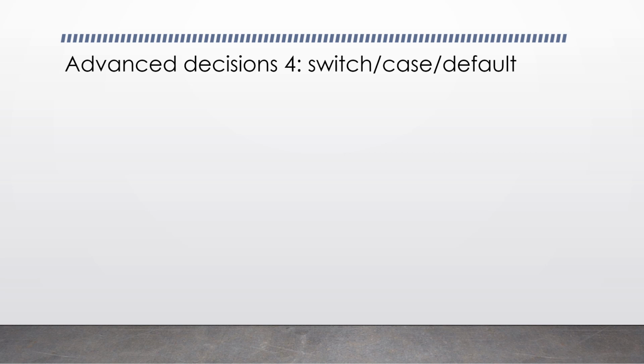Okay? And the way a switch statement works is you say switch, and then you indicate what value you want to switch on. And it has to be either an integer, an int type, or a character. Okay, and that's a single character like A, B, C, D, not a string of text.